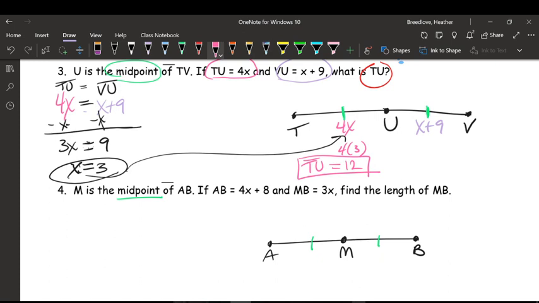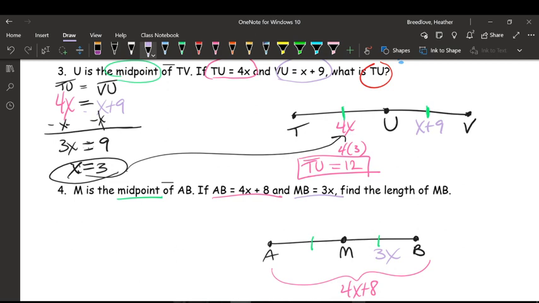So if AB is 4x plus 8, the entire thing is 4x plus 8. And MB is 3x. So from M to B is 3x. Find the length of MB. All right, so I only have the value for part of it and something for the whole thing.